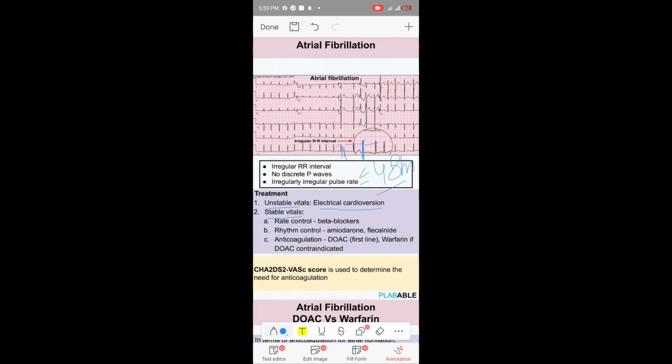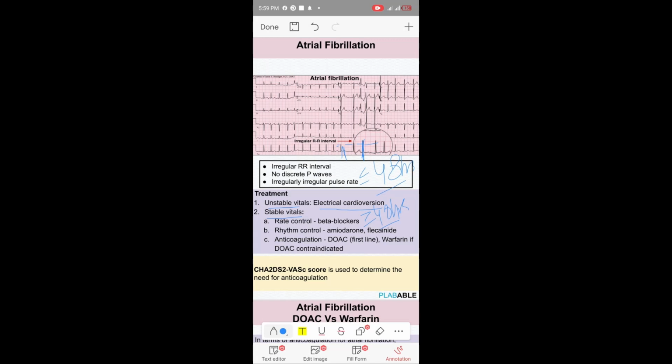If the patient is presenting with greater than 48 hours, then you can control the rate, or you can electively cardiovert the patient after 4 weeks of giving anticoagulants. AFib is not simple, by the way, but I'm trying to make it as simple as I can.